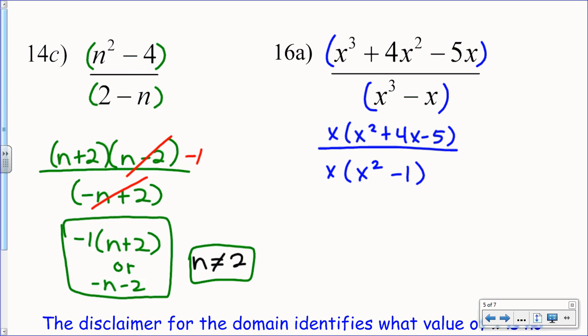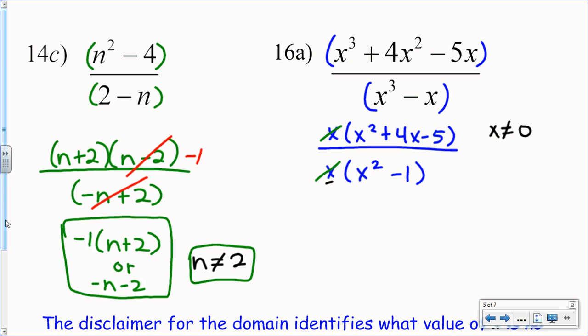Okay. I'll go ahead and cancel now these two x's. That's fine. I might want to go ahead and start my disclaimer though, so I don't forget about it. So x can't equal 0. Okay, so for that x, it can't be 0.